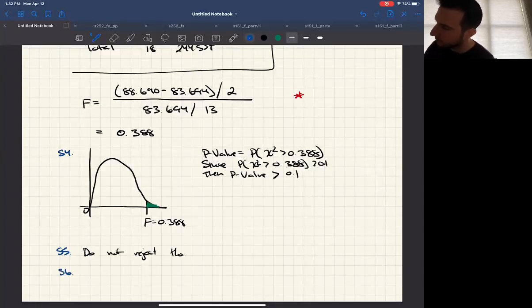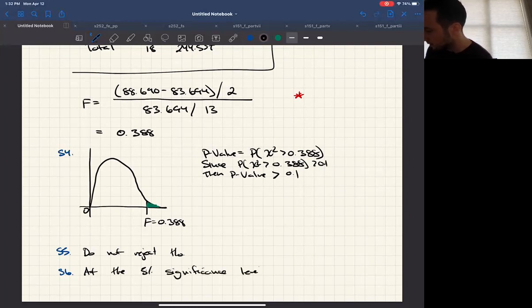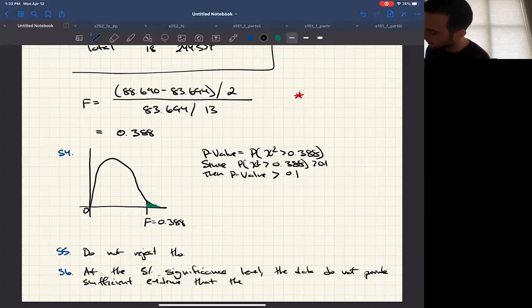And on step 6, we would just say: at the 5% significance level, the data do not provide sufficient evidence that the full model is required.